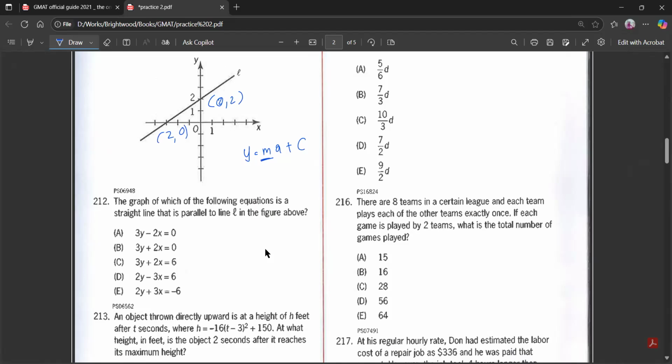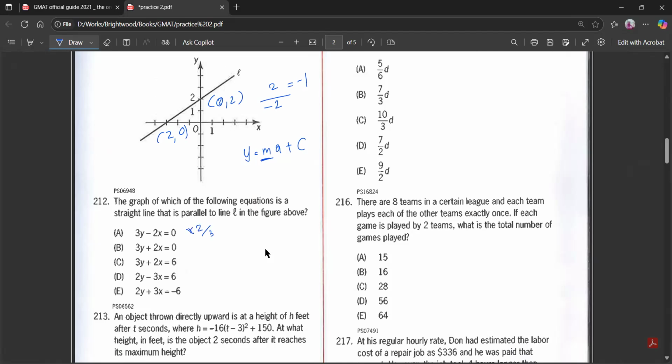What is the difference of y? Here 2. Difference of x, minus 2, it's minus 1. The gradient is minus 1. Now check: if the gradient is minus 1, it should be equal. What is the gradient of each option? You can find the gradient when you make y the subject. Here 2x goes to the other side, plus 2 over 3.